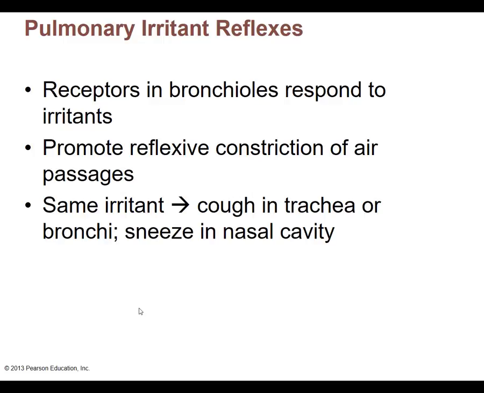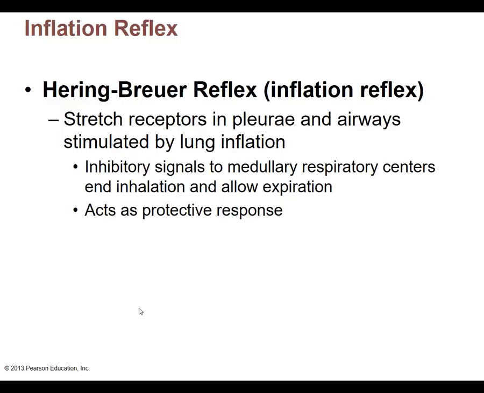Then we have another reflex to talk about. It's called the inflation reflex. Officially it's called the Hering-Breuer reflex, because of course, if you're going to be a scientist, you're going to name something after yourself. It just means that when your pleura, the pleural sacs holding those lungs, start to stretch, and the airways are all stimulated because your lungs are inflating, we don't want to inflate our lungs too much.